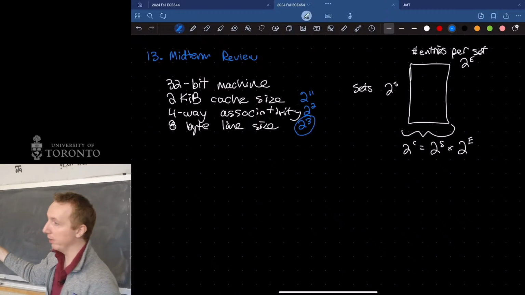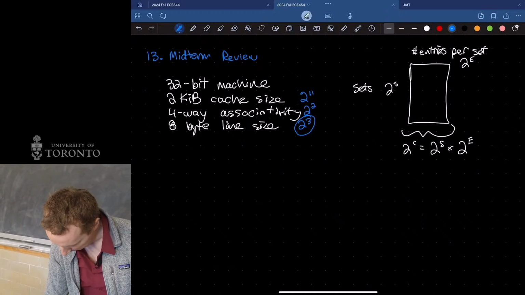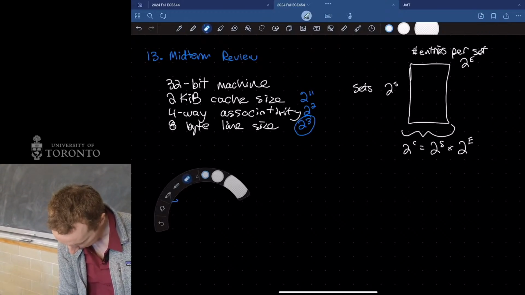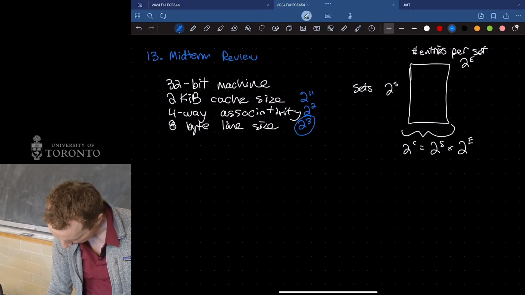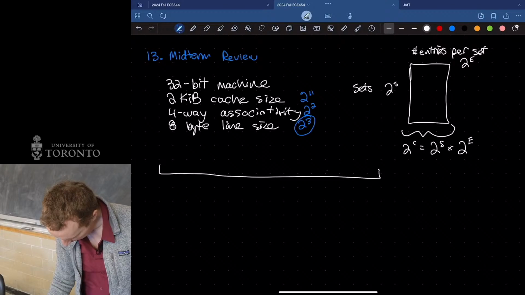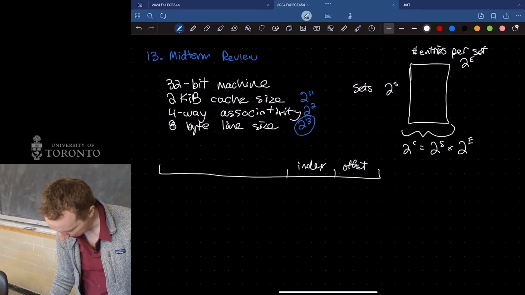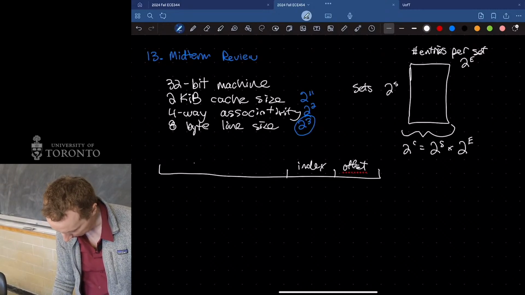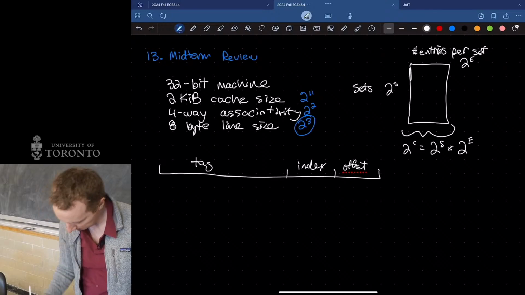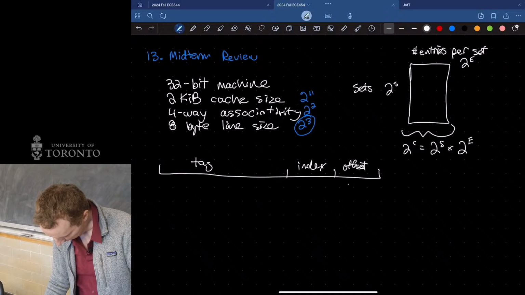We get the number of index bits from log 2 of that. So if we take our whole address and divide it up, we would always divide it like this: offset, index, and then tag. So we know that there are 3 bits here.